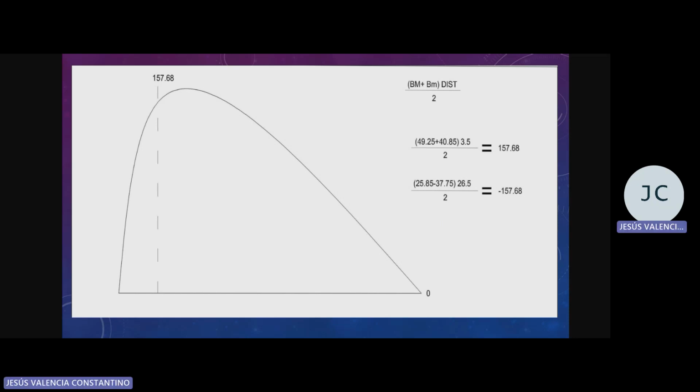Adding this to the previous value yields 0. Thus, this verifies that the loads on this beam have been correctly distributed and specifically identifies the points where they carry the most weight.